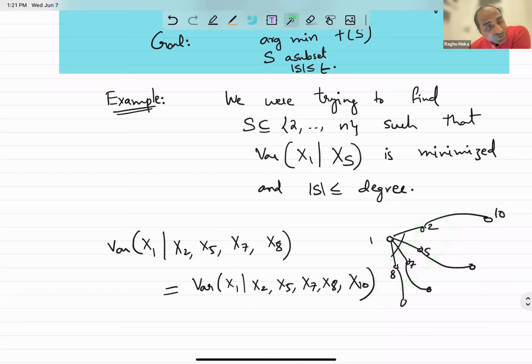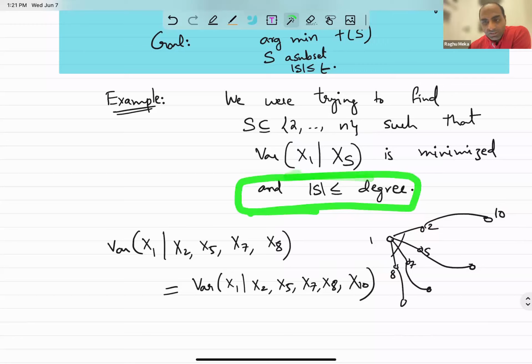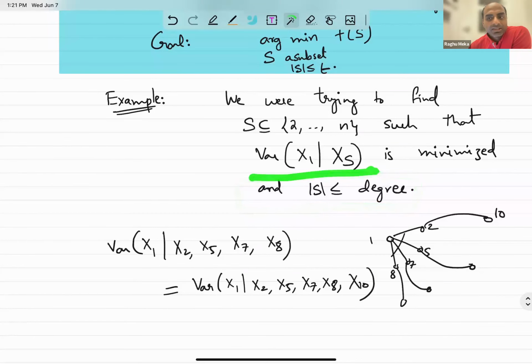So that's the intuition behind why we are looking at minimizing the conditional variance. If you find the set S whose size is close to the degree and minimizes the conditional variance, then presumably I have found all of the neighbors.